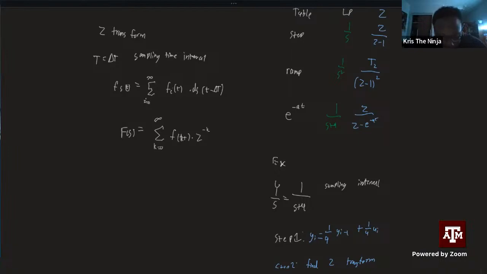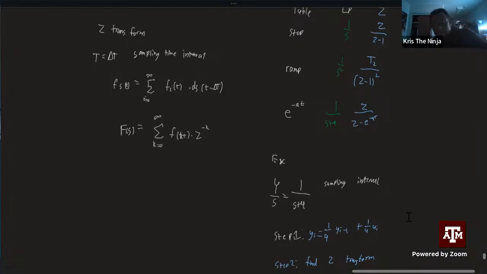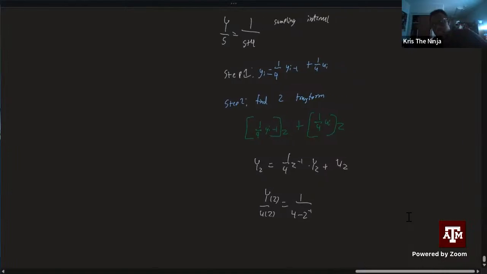Y over U, z on each side, Y over U of z is 1 over 4 minus z to the minus 1. And that, my friends, is pretty much all you need to know.